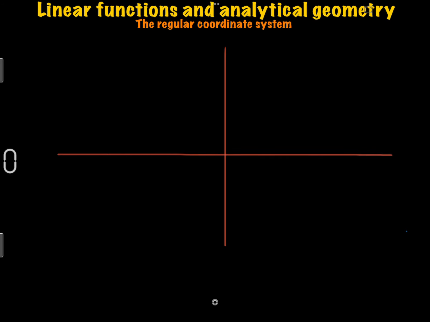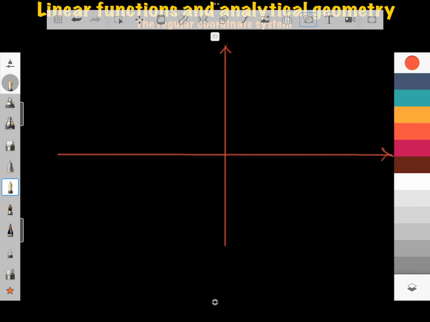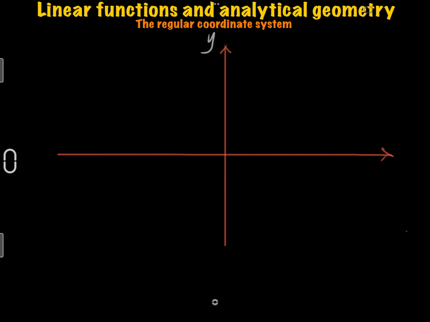Now it's very important to identify the Cartesian plane by our x and y axes. This is our y-axis, and we have our x-axis. And now we have our first quadrant, our second quadrant, our third quadrant, and our fourth quadrant. So there are 4 quadrants on our Cartesian plane.